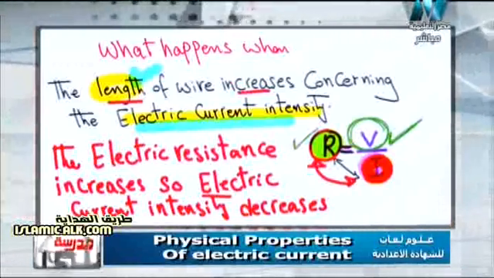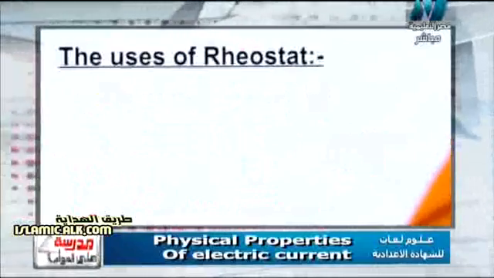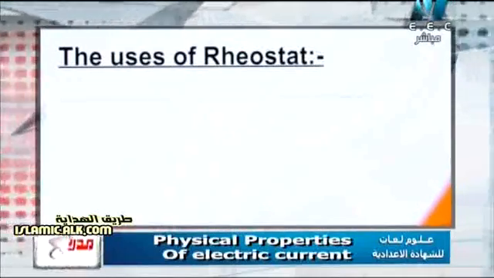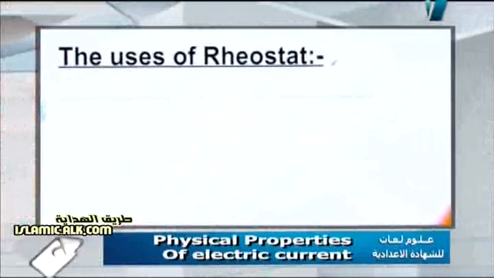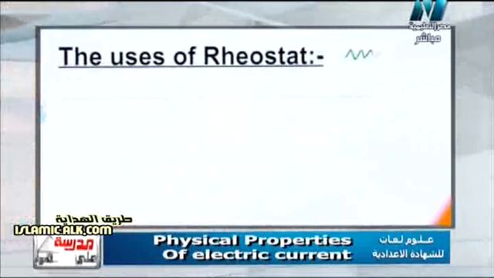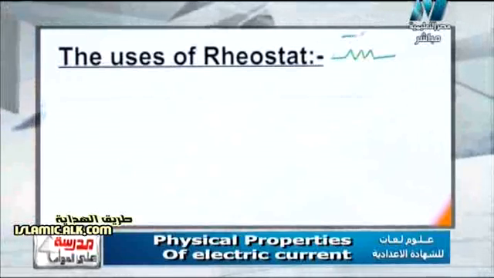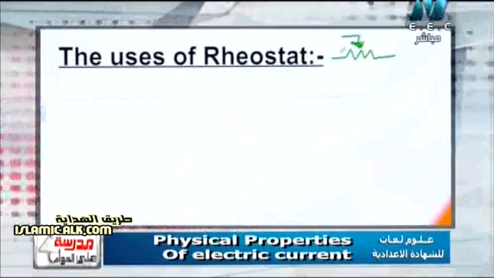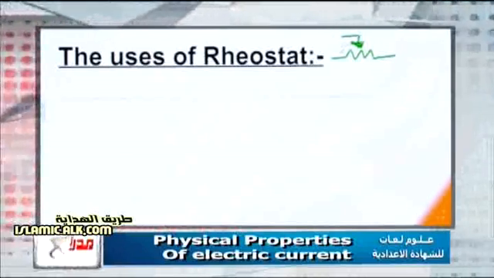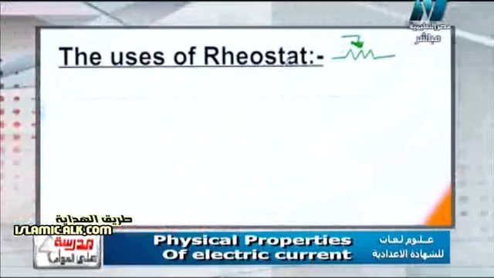Okay. Uses of rheostat. What is the rheostat used for? Its symbol is like that, with an arrow. Don't forget to write the arrow. And we know the rheostat is a variable resistance.